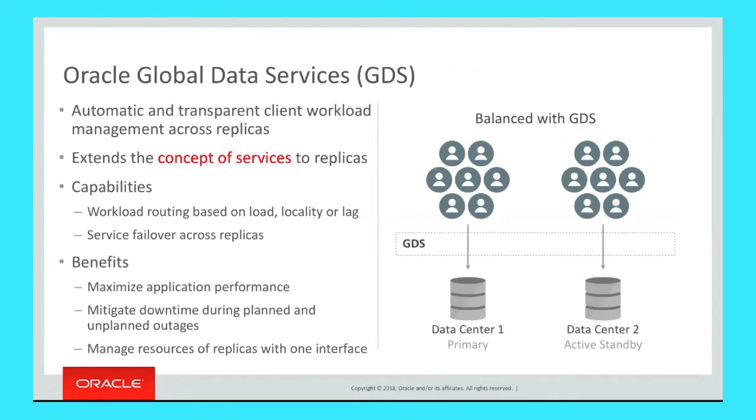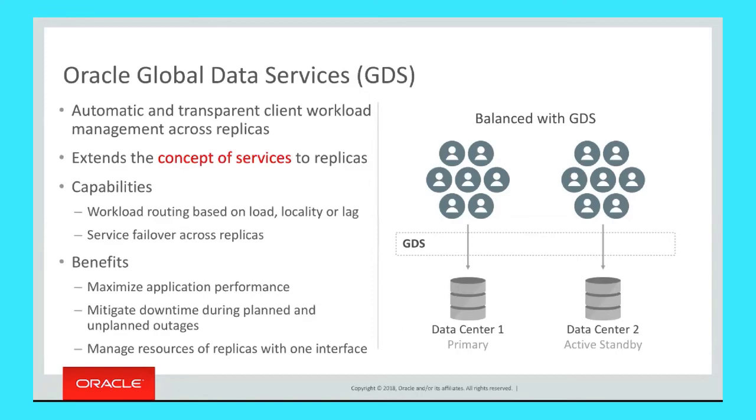If I step back a bit, in a RAC database we have a concept called service, with which you can have service level failover across instances of a database, or load balancing, whether connect time or runtime, across those instances of a cluster database. But it's all within the scope of one cluster database. What we have done as part of GDS is extend that notion of a database service to replicated environments.